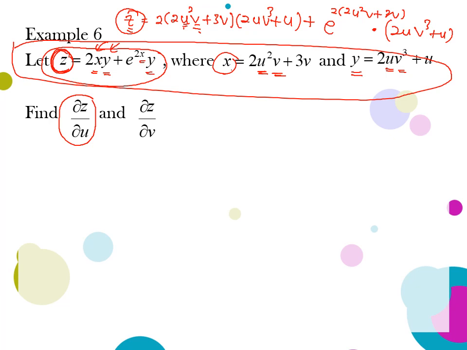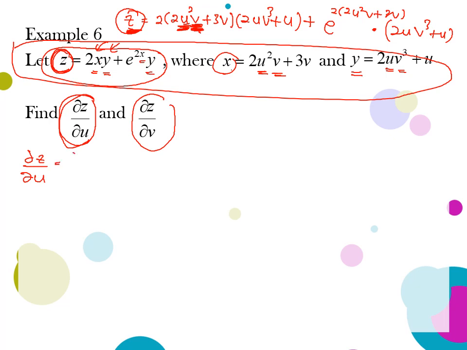Alright, that's why we find this, and same goes to this. Don't forget in z here we have variable v, we have variable u, the final product of your z. Okay, since we have represented u, v here by using function x and y, that's why we need to apply the chain rule.